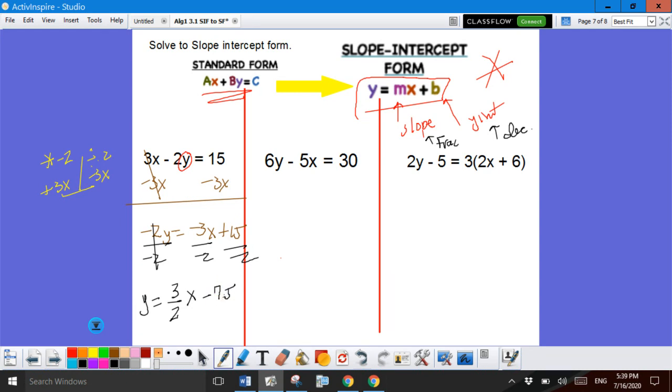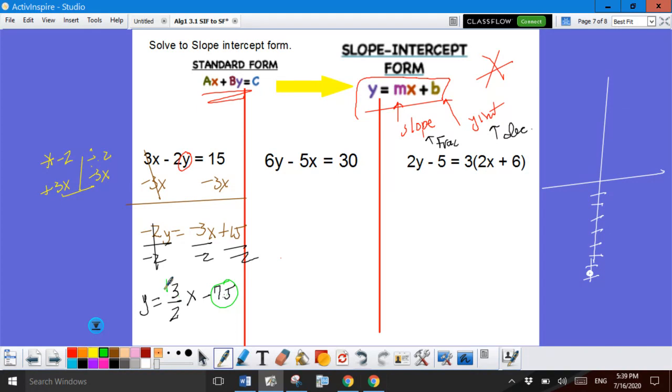Negative 7.5. And just to review real quick on what that would look like, here's my graph. I'm starting at negative 7.5: 1, 2, 3, 4, 5, 6, 7.5. I'm starting right here. That's my first point. That's what this b is. That b is the beginning.